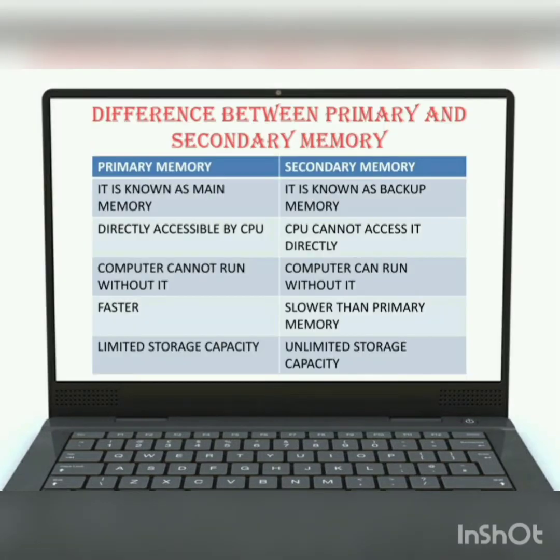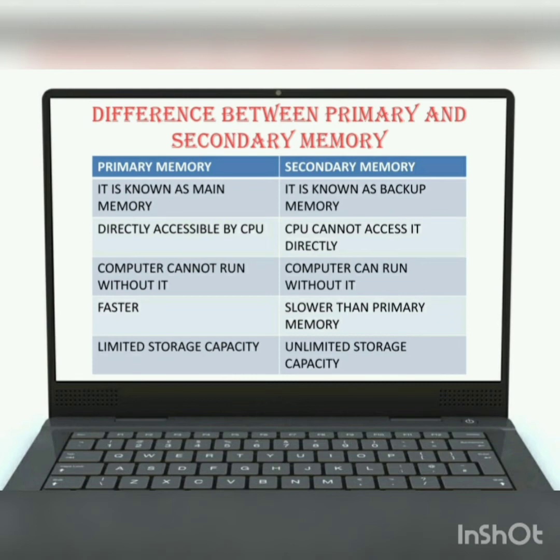Now, a very important topic, that is the difference between primary memory and secondary memory. First of all, you have to note down these differences in tabular form as shown in the video in your computer fair notebook, and then you have to learn it. So, let's discuss the differences. Primary memory is the main memory of the computer and secondary memory is the backup memory.